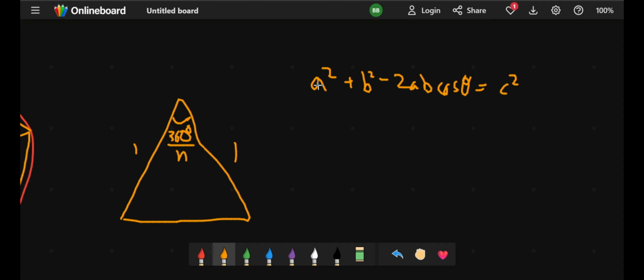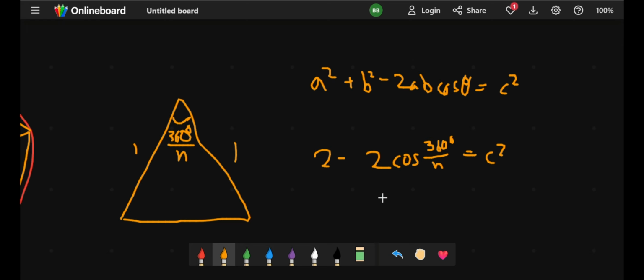So let's try and find it. 1 squared, which is 1, plus 1, so 2, minus 2 times 1 times 1 times the cosine of 360 degrees over n, is equal to c squared.